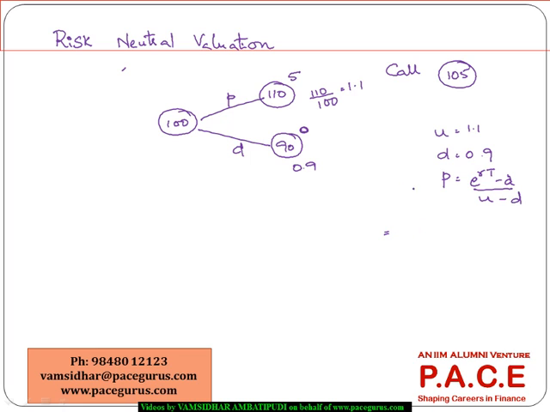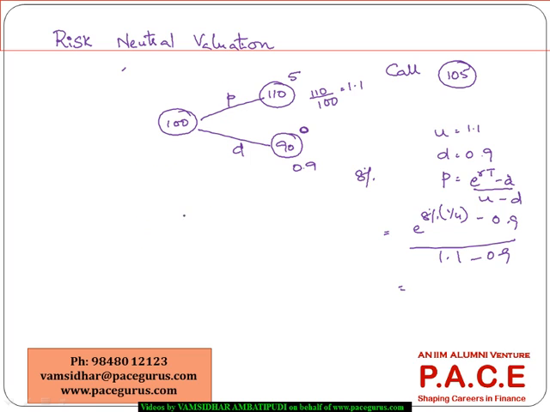So if the R is going to be 8%, I'll take it as e power 8% into 0.25 minus 0.9 divided by 1.1 minus 0.9. This is typically coming out as the probability of upward movement.